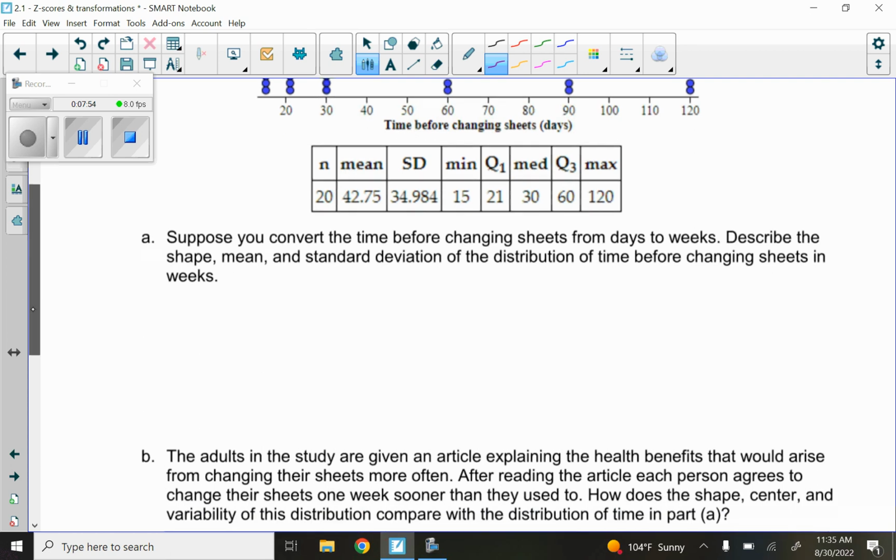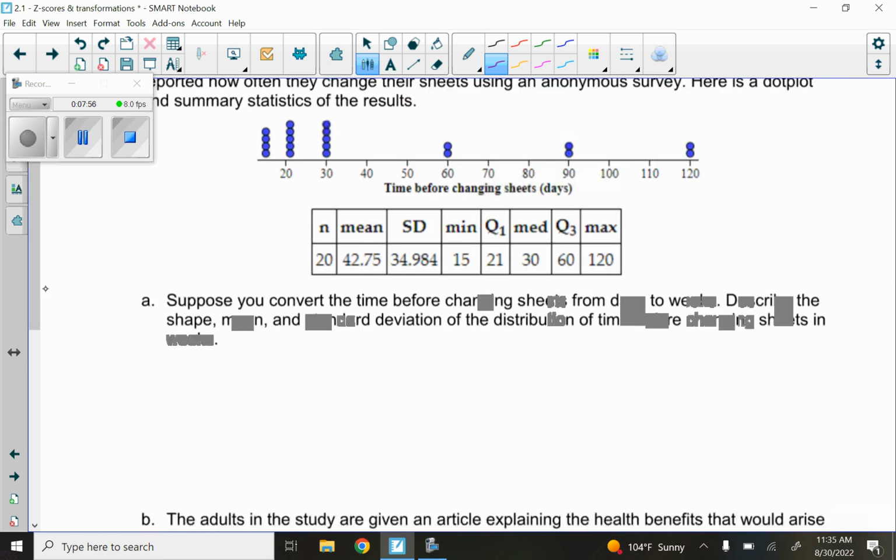Suppose you're converting the time before changing sheets from days to weeks. So we're given this in days and we want to convert it to weeks. Describe the shape, mean, and standard deviation of the distribution of time before changing sheets in weeks.